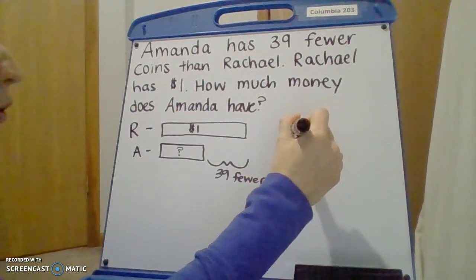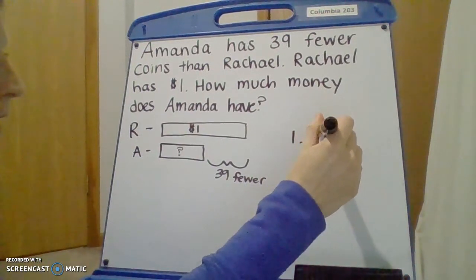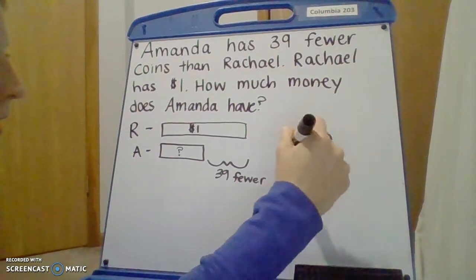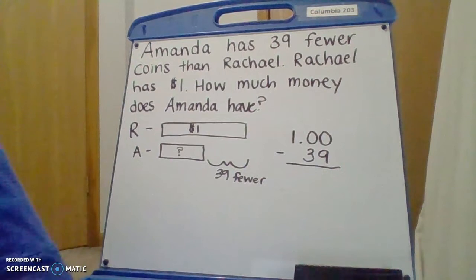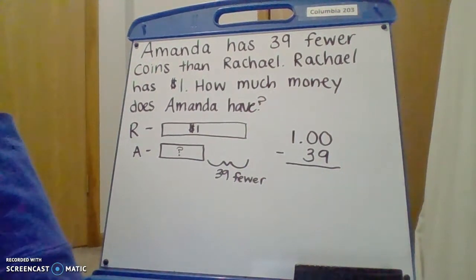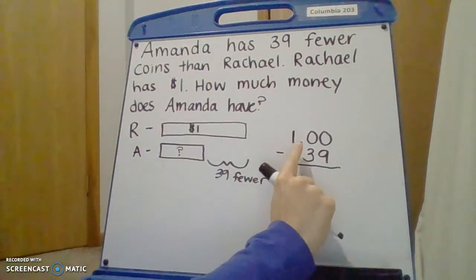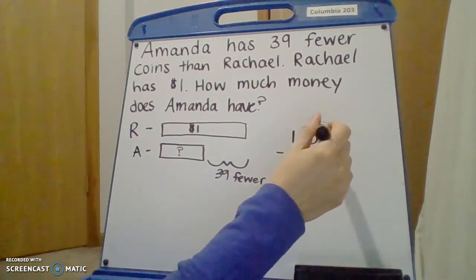So then when we subtract with money, you have to set it up. Okay, just make sure you have that. So it's the same thing. I know there's a decimal, but all it is is subtracting. Think of it as 100.